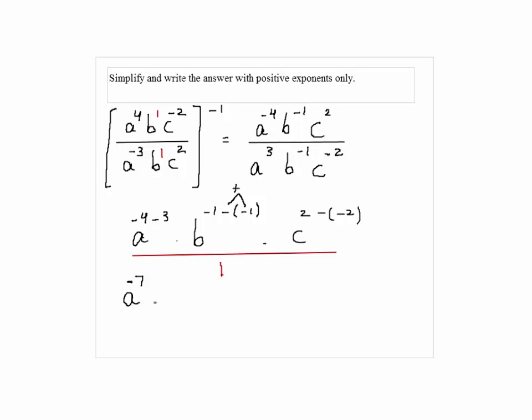Minus 7. Very good. Now we established this would be b to the power of 0 times c to the power of, this would be plus, so it would be 2 plus 2, that would be equal to 4. So far we said b to the power of 0 is equal to 1. So we have a to the power of minus 7 times c to the power of 4.